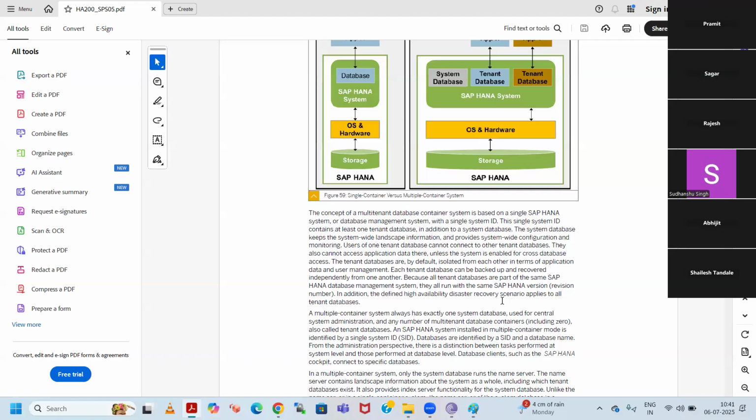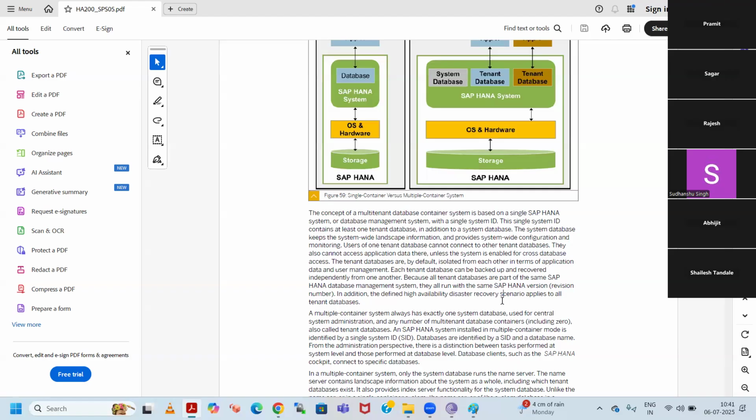It's only a naming convention on system DB, so we cannot store anything in system DB. At most, I think we give some space for data storage, not more than 20 or 25 GB. Okay.